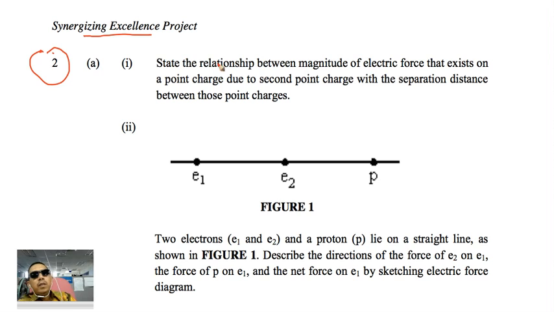State the relationship between electric force and separation distance. As you know, the equation for electrostatic force F is equal to K Q1 Q2 over R square. This relates the two charges and the separation distance.